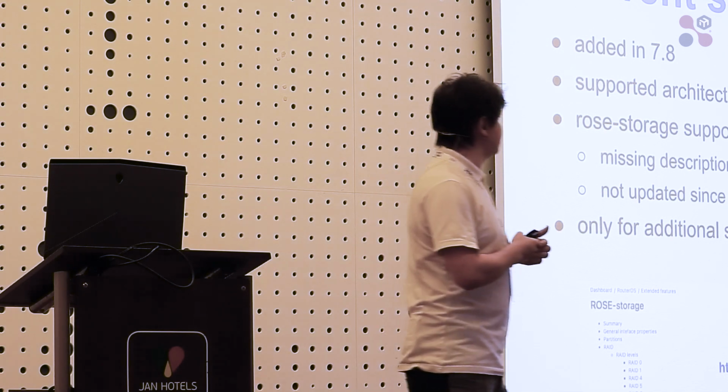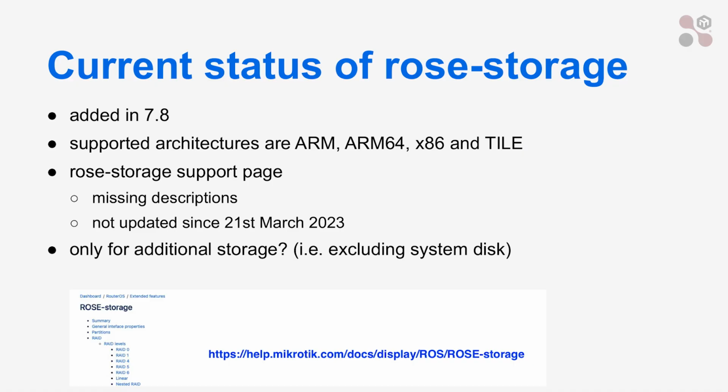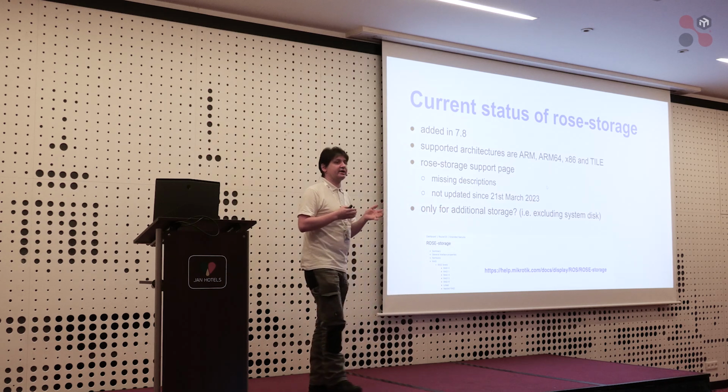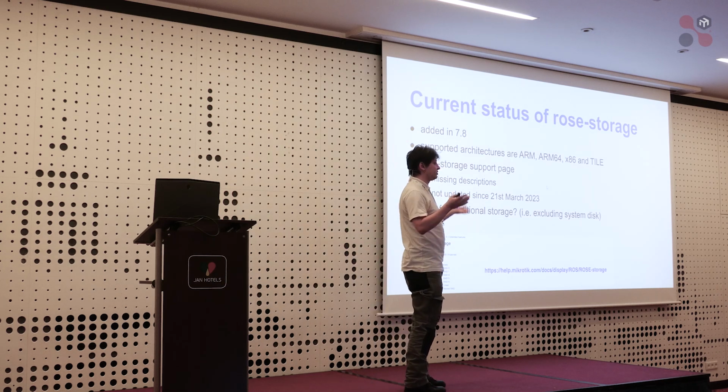Architectures like multi-core MIPS or MIPS big endian are not supported, unfortunately. So you have to have one of those four to be able to find the package in the extra packages, and then you can install it the standard way.